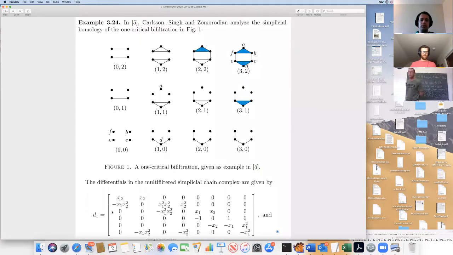So, audience participation, which is of course impossible. Everybody should unmute. At some future point where we're not virtual but in a real space, I will buy the first correct respondent a beer. What multi-degree does the edge AB appear in? You can see the vertex B appears in degree 0, 0. The vertex A appears in degree 1, 1.